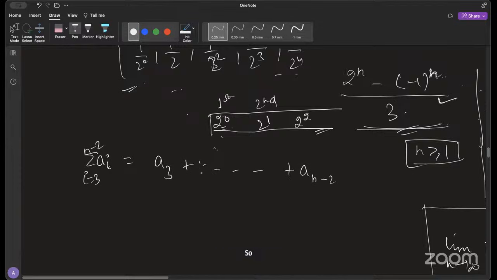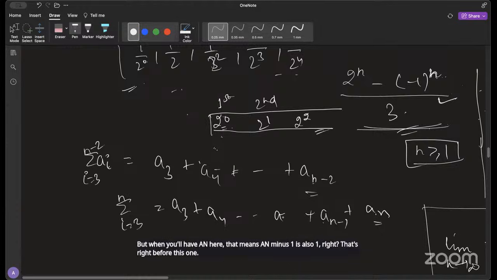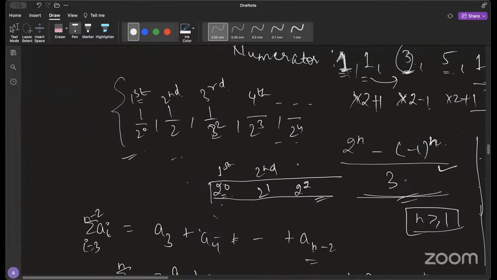So it's a3, a4, a5, and so on, till n minus 2. So this will be it. And for this one, i varying from 3 to n, you will have a3, a4, so on till an. But when you have an here, that means an minus 1 is also here, right? Just right before this one. And an minus 2 is also here, right before this one. Is that okay?